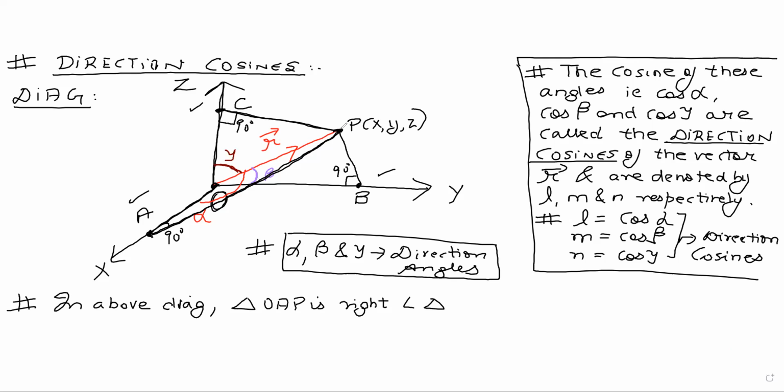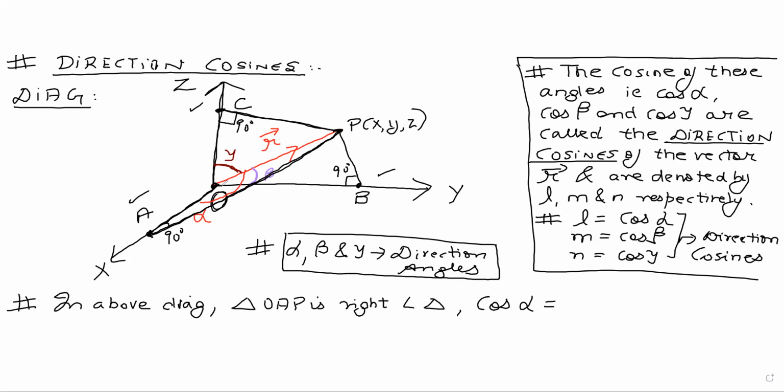When you visualize it, you will see that OAP is actually a right angled triangle. Just try to tilt it up. You will see it is forming a right angle at point A. So triangle OAP is a right angle triangle. And what is cos alpha? What is cos of alpha? All of us know cos theta is nothing but base upon hypotenuse.